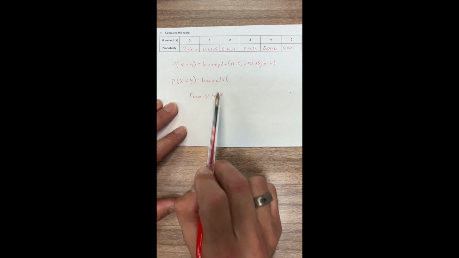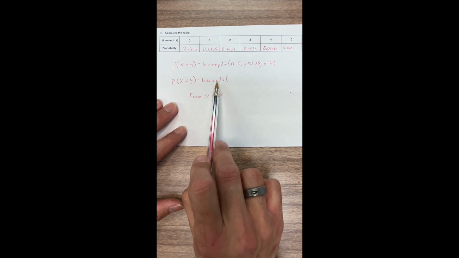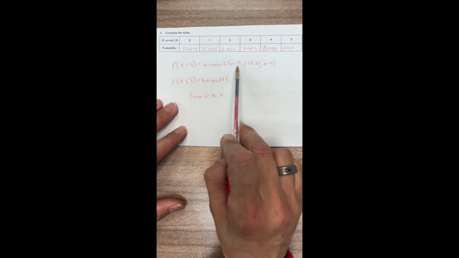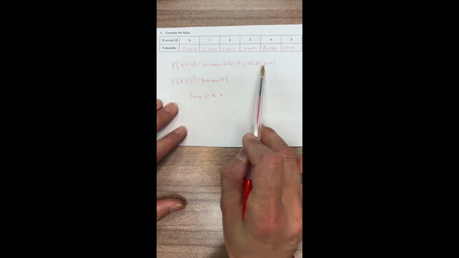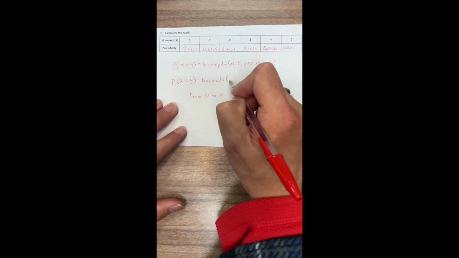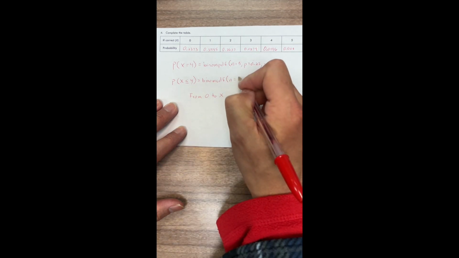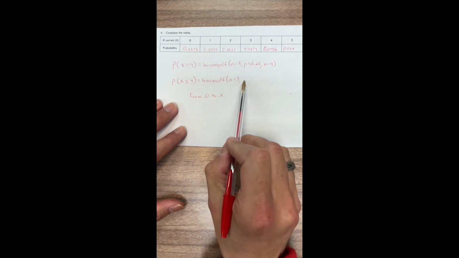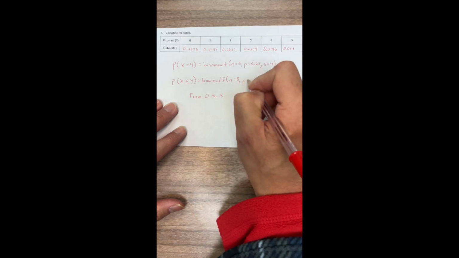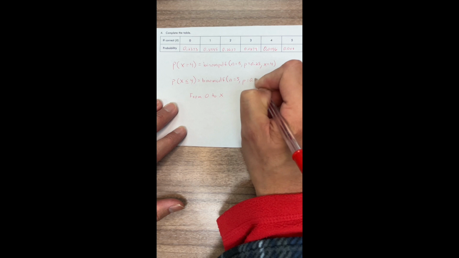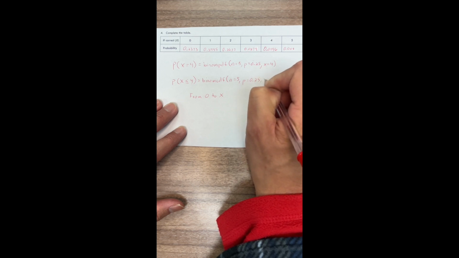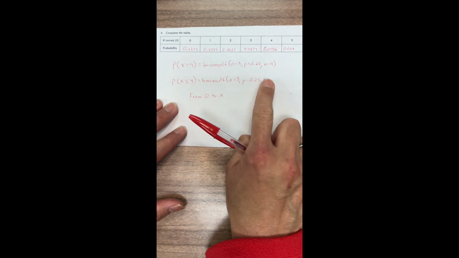Now, in your graphing calculator, CDF is very similar to the setup of PDF, so we have to be careful. Your number of trials will be the same: we have 5 questions. Your probability of success will be the same: 0.25. But your X value is telling the calculator where to stop.